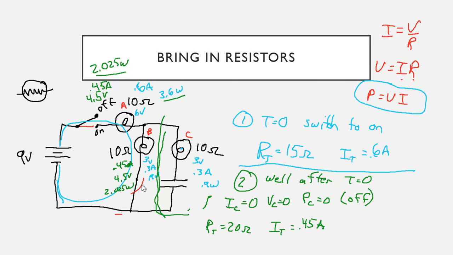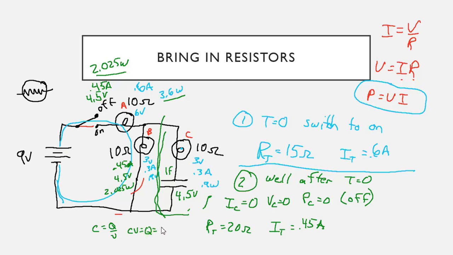I also know that if this is 4.5 volts, then the voltage across this, when fully charged, is 4.5 volts. And I did not give a capacitance for this. So let's just say that it's 1 farad. It's a big monster capacitor. So then capacitance equals charge divided by voltage. So capacitance times voltage is going to be charge.